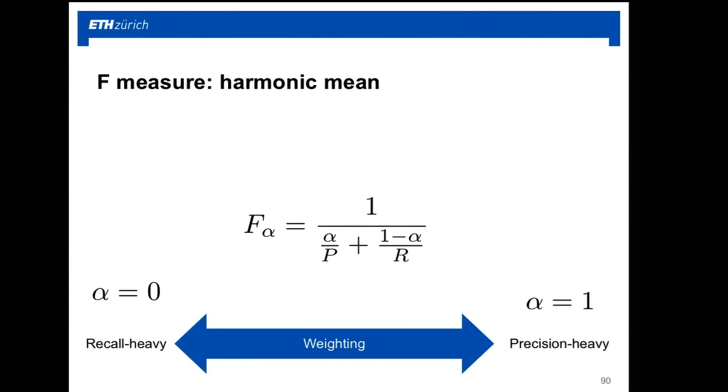Yeah, that's the recall. And if alpha equals 1, it's the precision. So then you can weigh in between, anywhere you want, like a slider. This is pure recall, this is pure precision, and then you weigh. You can adjust alpha depending on your needs. Again, there is no universal solution, it depends on your use case, right?